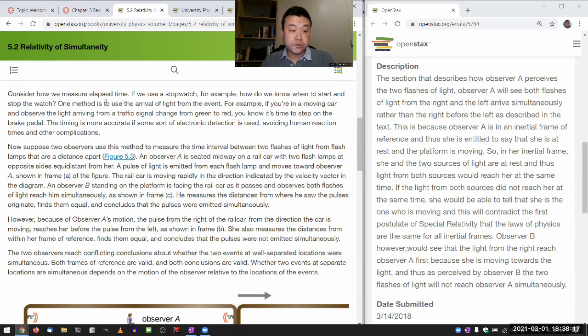One method is to use the arrival of light from the event. For example, if you're in a moving car and observe the light arriving from a traffic signal changing from green to red, you know it's time to step on the brake pedal. The timing is more accurate if some sort of electronic detection is used, avoiding human reaction times and other complications.